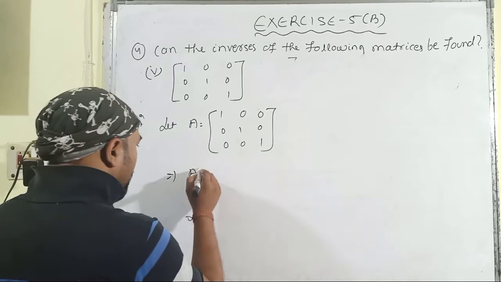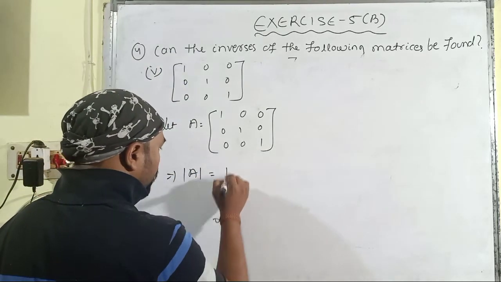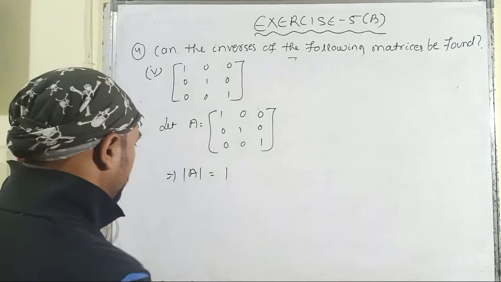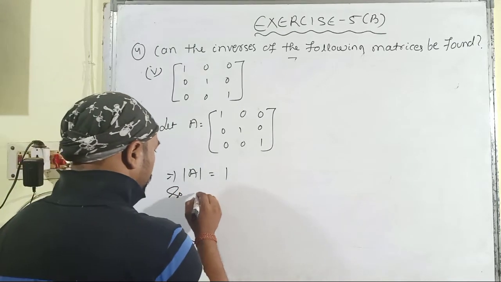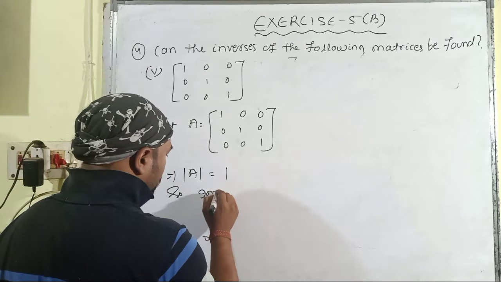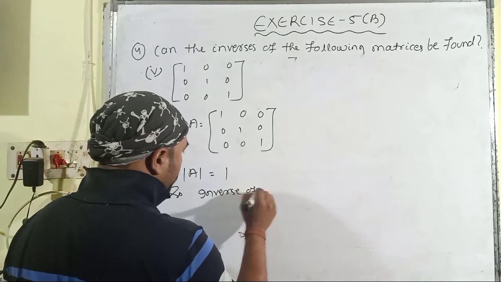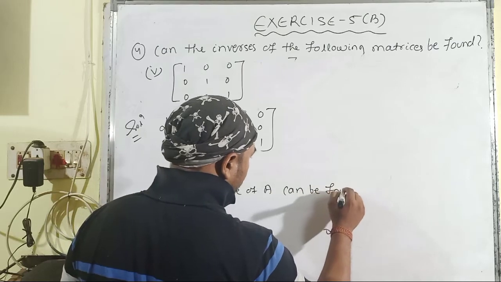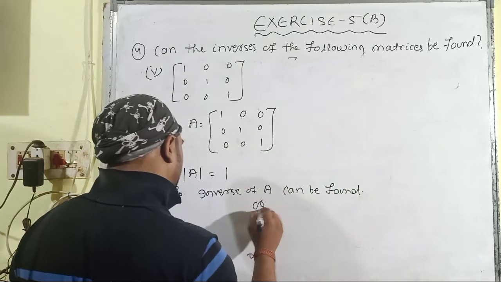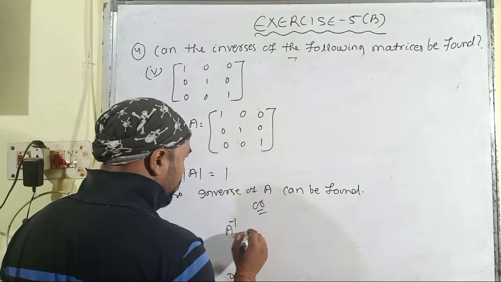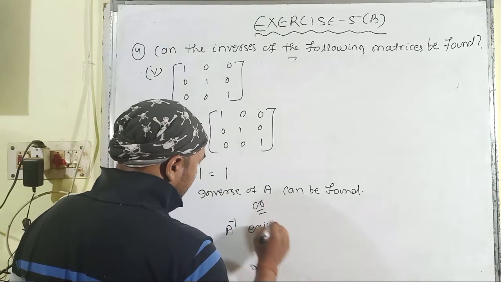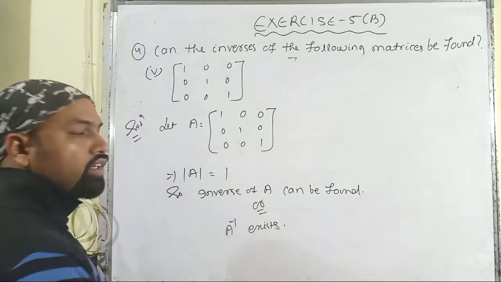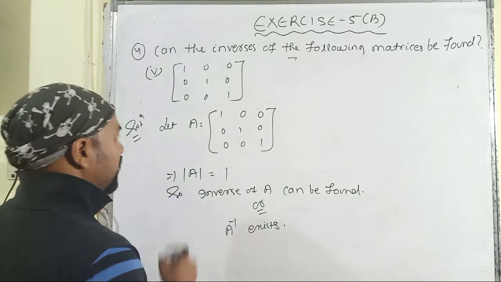So the determinant of A will be equal to 1. So the inverse of the matrix A can be found, or A inverse exists here.